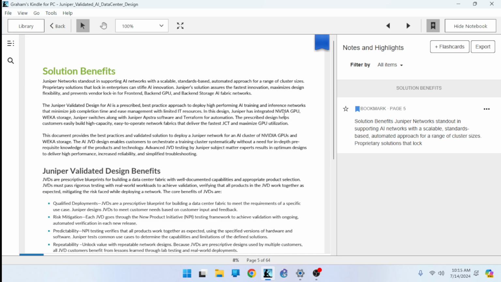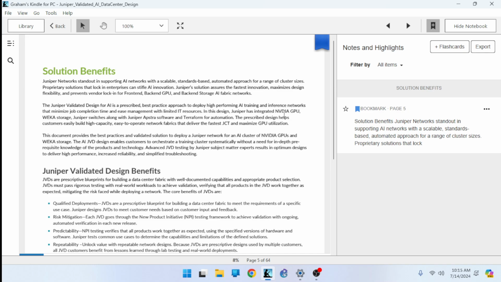This document provides the best practices and validated solution to deploy a Juniper network for an AI cluster of NVIDIA GPUs and Weka storage. The AI JVD, which stands for Juniper Validated Design, enables customers to orchestrate a training cluster systematically without a need for in-depth prerequisite knowledge of the products and technology.